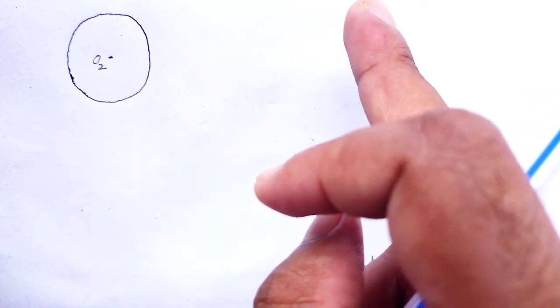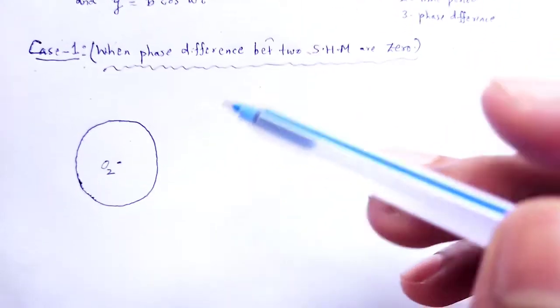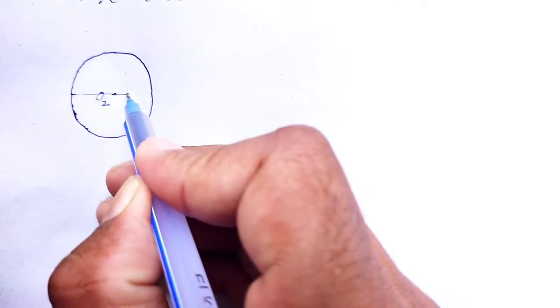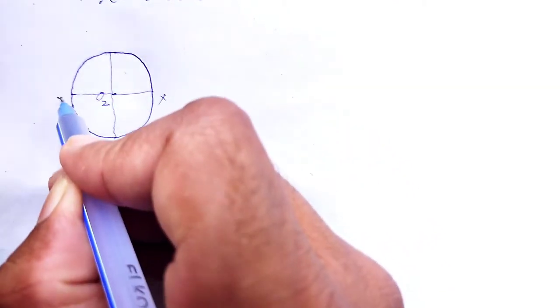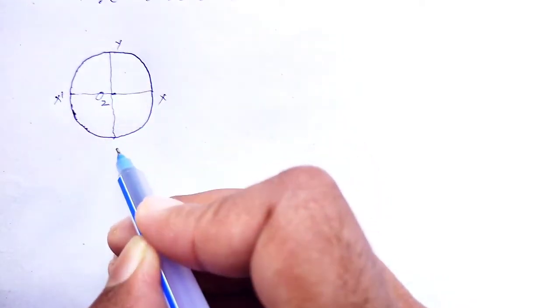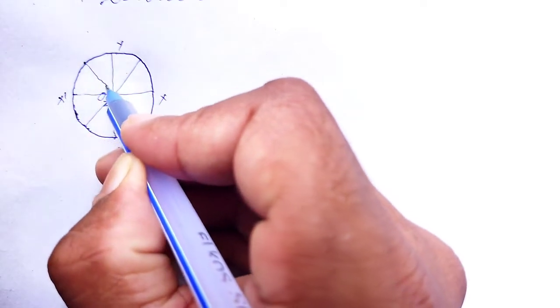Since the ratio of frequencies is 1:2, that circle is divided into 8 equal parts.